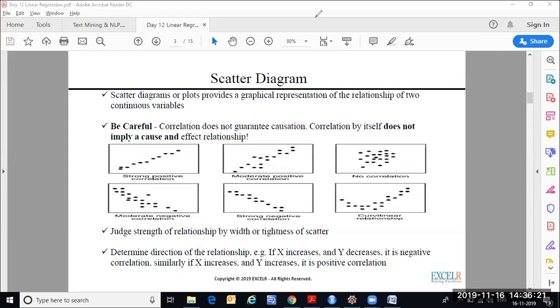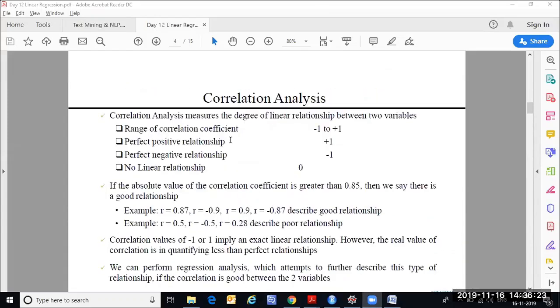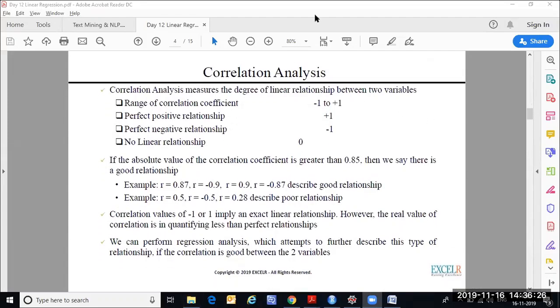The range of values that this correlation coefficient takes is basically -1 to +1, where -1 is perfect negative correlation and +1 is perfect positive correlation. And if there is no relationship between two variables at all, the correlation coefficient value will be 0.